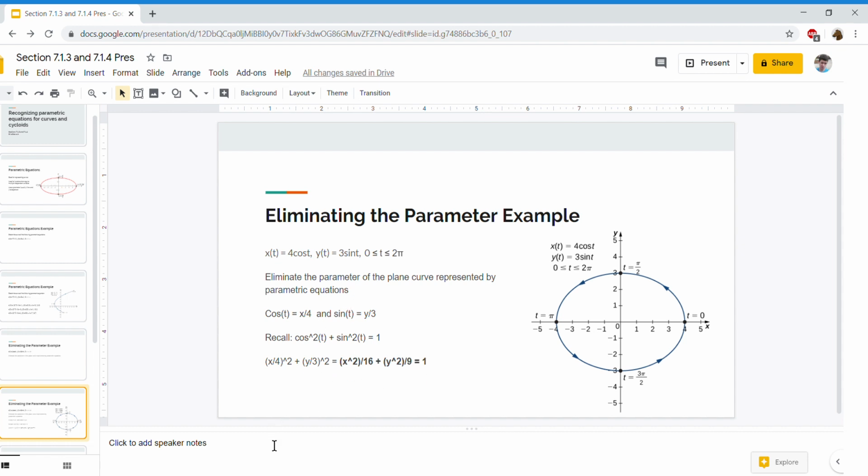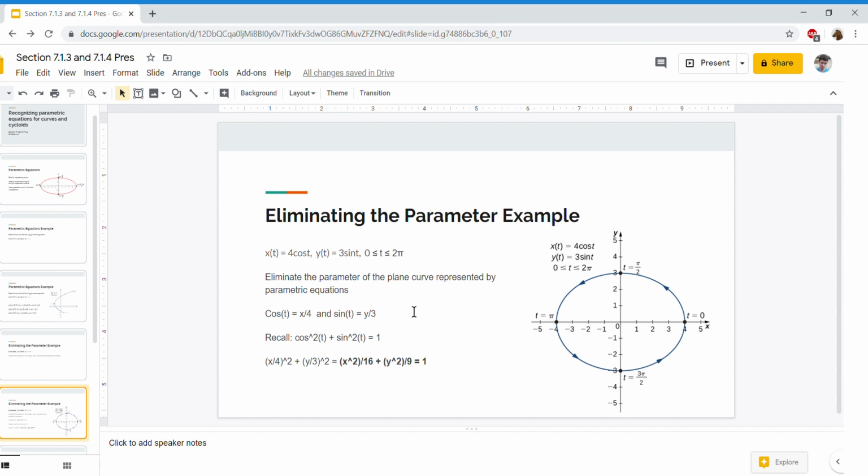So that's all you have to do. You just get x over 4 squared plus y over 3 squared, which equals x squared over 16 plus y squared over 9 equals 1. And you should recognize this as the form for an equation of an ellipse.